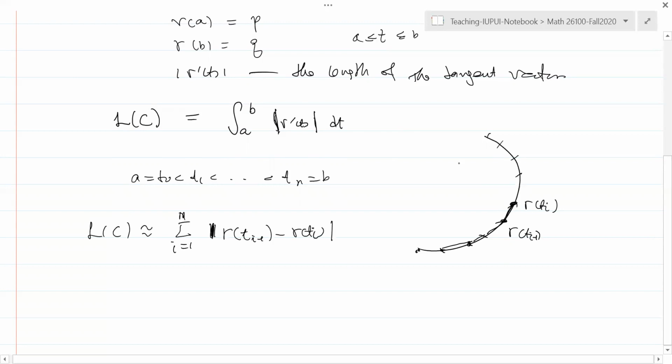Then add them together, and you actually get the length of this special curve consisting of line segments, but very close to the original curve.